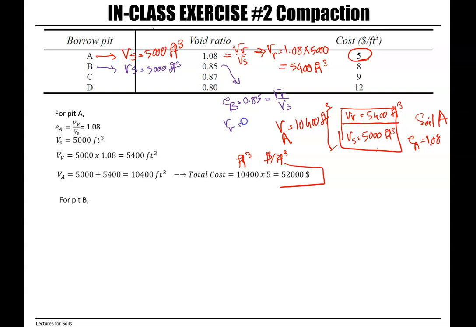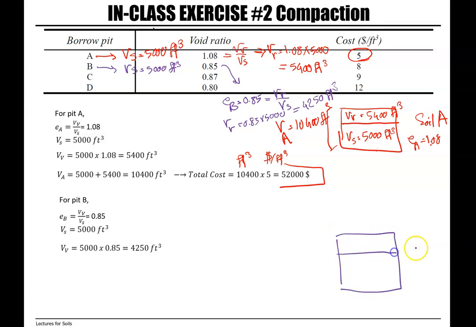So volume of void for pit B is 0.85 times 5,000, which gives us 4,250 cubic feet. So now for soil B, again, volume of solids is 5,000 cubic feet.